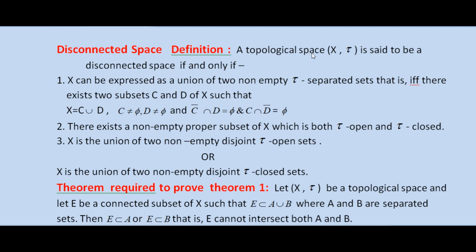A topological space (X, tau) is said to be a disconnected space if and only if X can be expressed as a union of two non-empty tau separated sets, that is, if and only if there exist two subsets C and D of X such that X is equal to C union D, C is non-empty, D is non-empty, and C closure intersection D is equal to phi and C intersection D closure is equal to phi.